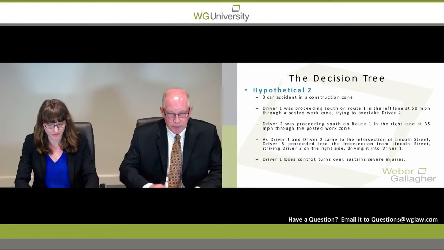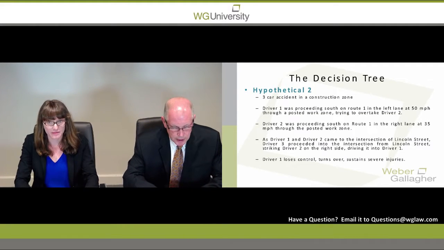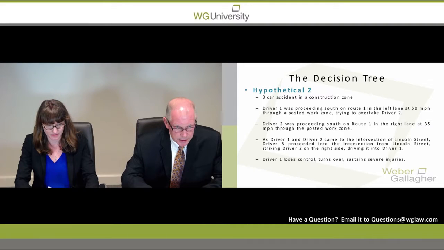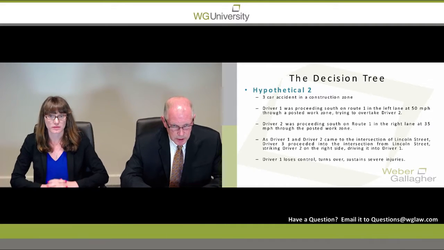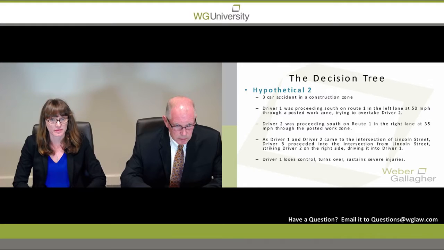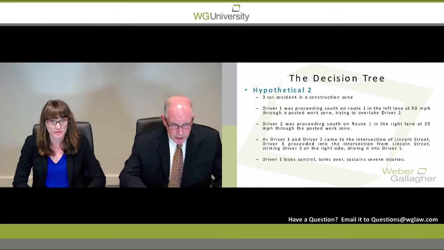We also provided a second hypothetical. This is slightly more complicated, but it is still a very basic probability analysis. Here in the second hypothetical, there's a three-car accident in a construction zone. Driver 1 was proceeding south on Route 1 in the left lane at 50 miles per hour through a posted work zone, trying to overtake driver 2.